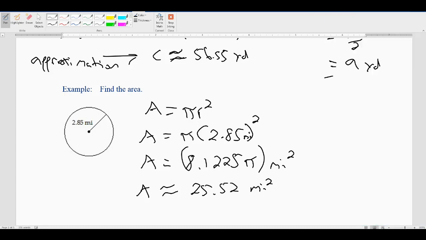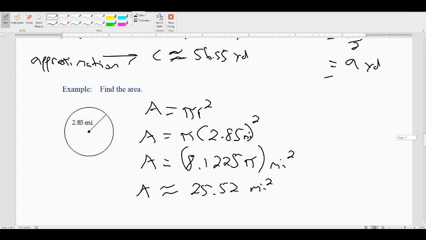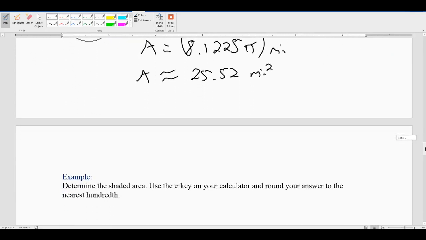If you're using a scientific calculator, I'll just start from scratch: 2.85, this has a square key. I'm going to times that by my pi. And we still get 25.52 if I round off. There you go. Circles. Not too bad.